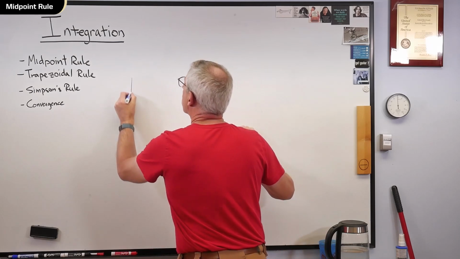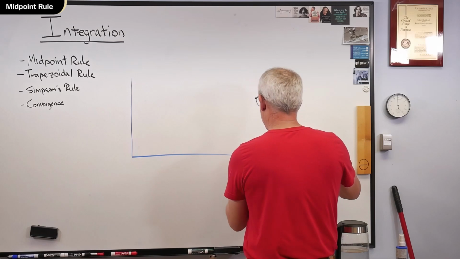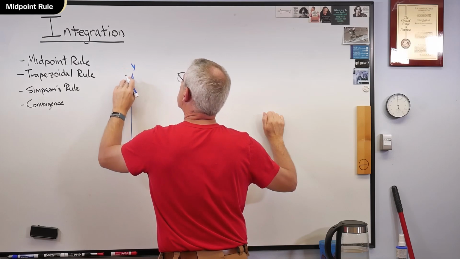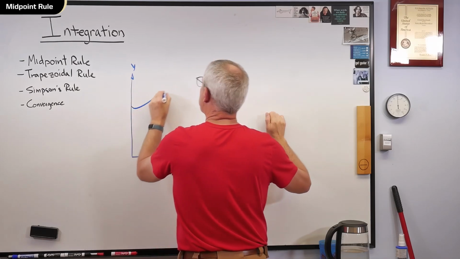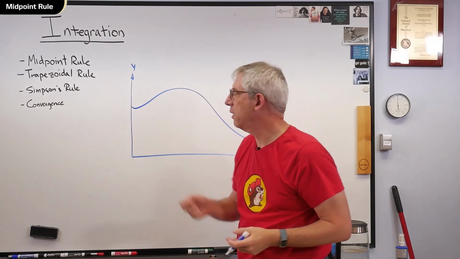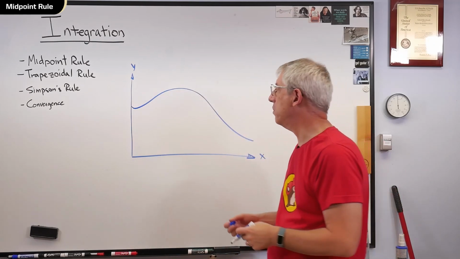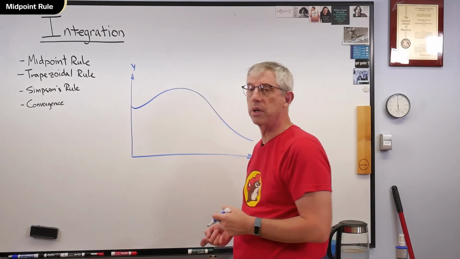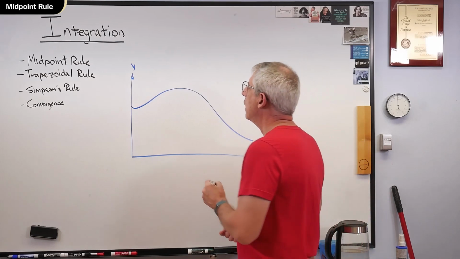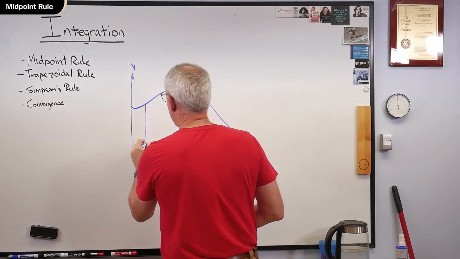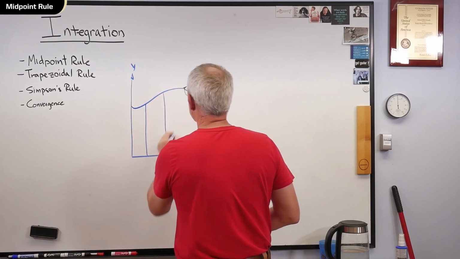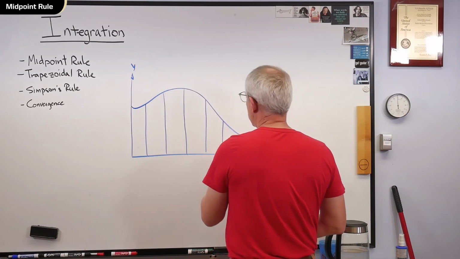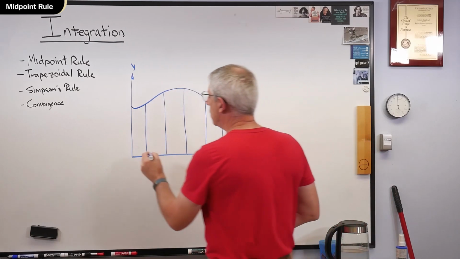So if I have a function here, I'll draw this on my little board. That's x and that's y, and I have some function here, whatever that is. This function means something that we care about. It could be something physical, it could be accelerations of a plane, it could be fuel consumption on a car, it could be a lot of things. And so the way Riemann sums work, which is the basis of integration, is we just divide this up into even segments there, and these are all delta x wide.